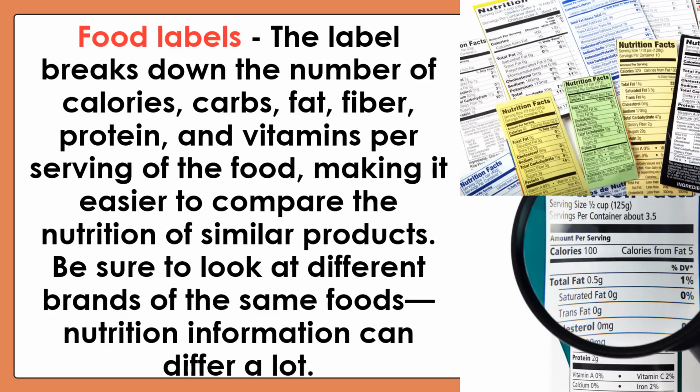The label breaks down the number of calories, carbs, fat, fiber, protein, and vitamins per serving of the food, making it easier to compare the nutrition of similar products. Be sure to look at different brands of the same foods. Nutrition information can differ a lot.